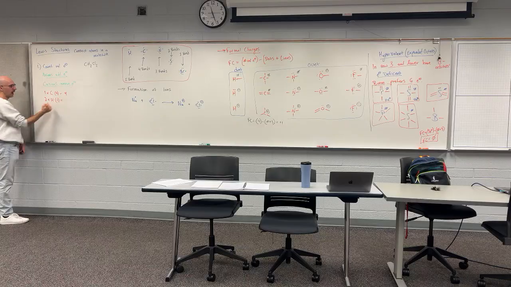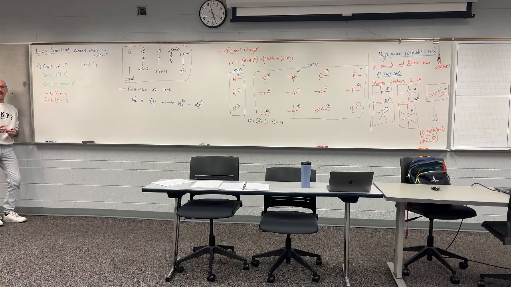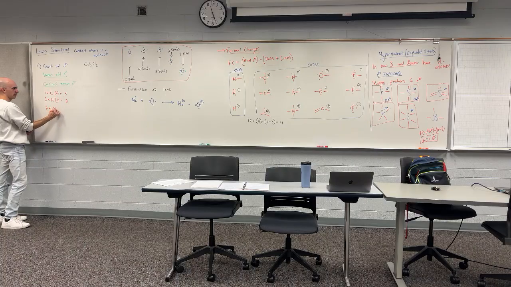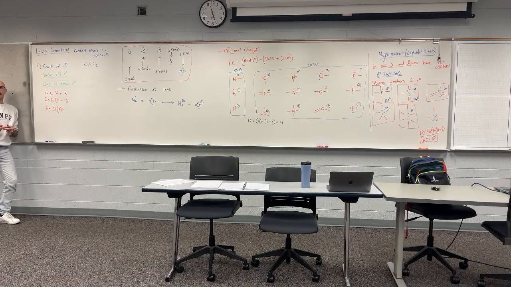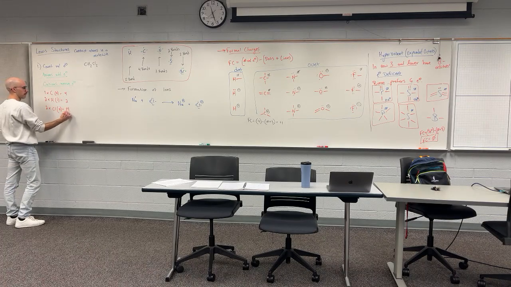Since I have 2 hydrogens multiplied by 1, all hydrogens are bringing a total of 2 valence electrons. How many valence electrons for chlorine? 7. Group 7. And I have 2 chlorine atoms. So I'm bringing a total of 14 electrons from them.